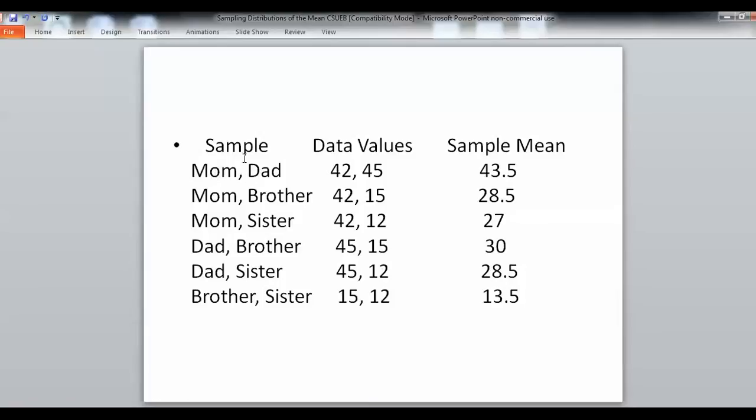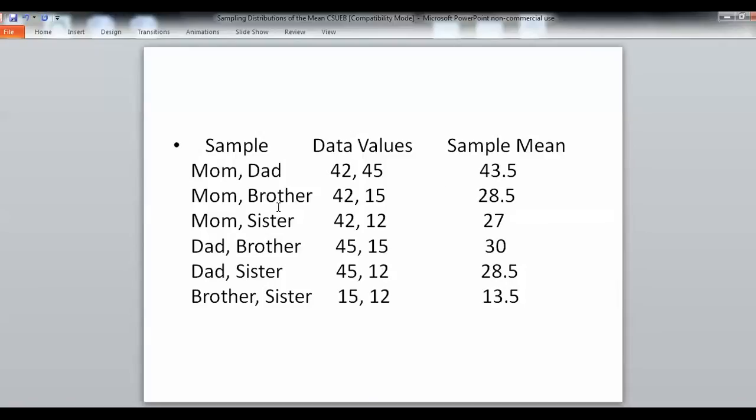If I end up selecting the mom and the dad to be my sample, the two data values, meaning the two ages that I'll end up recording, will be 42 and 45, and the mean of my sample will end up being 43.5, because if you add up 42 and 45 and divide the total by 2, you get 43.5.